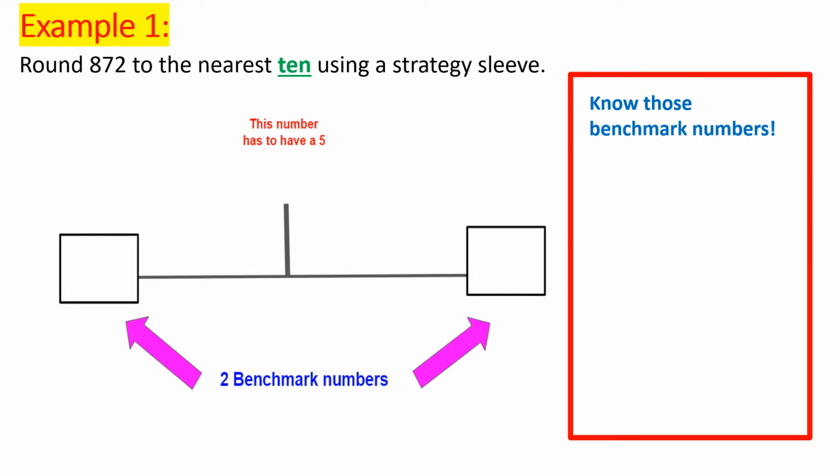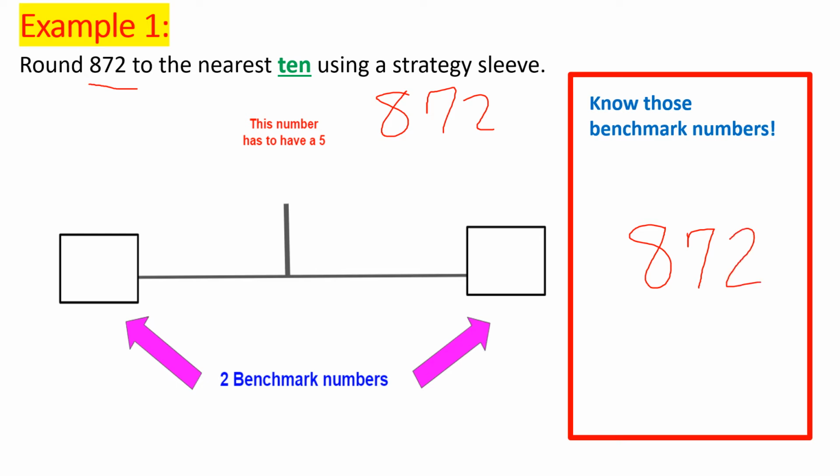All right, here's an example now, because remember our goal was to round to tens inside a 3- and a 4-digit number. So notice that I have 827 up at the top, and I want to round it to the nearest 10. So this is going to be a little bit different, all right? I'm going to actually write the number 872.